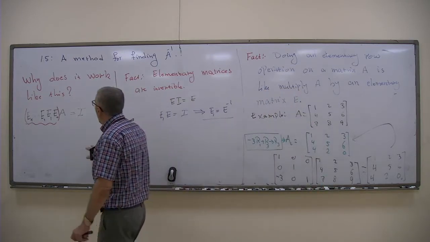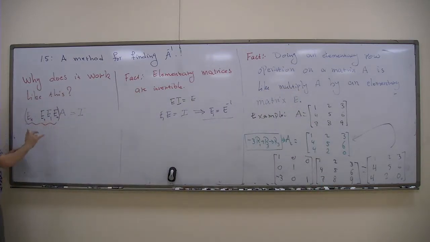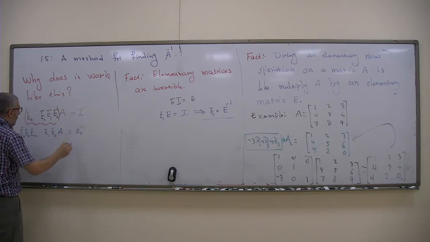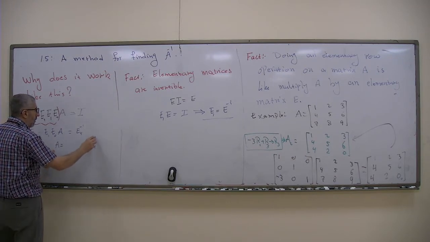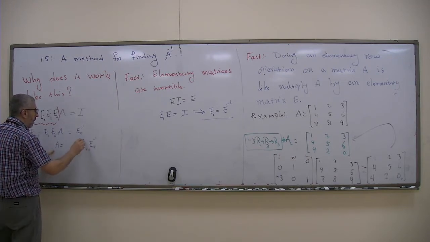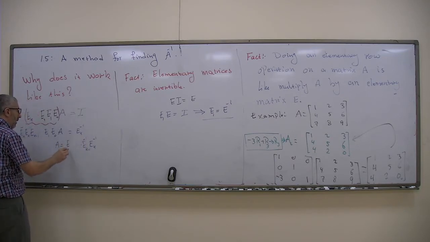So once you recognize that, from here, you can multiply A, E0, E1, EK minus 1, and EK here, you multiply by EK inverse. This will be EK inverse. So this becomes the identity here. And keep doing this in the same way. You are going to get A equals EK inverse, EK minus 1 inverse, and at the end, E0 inverse.